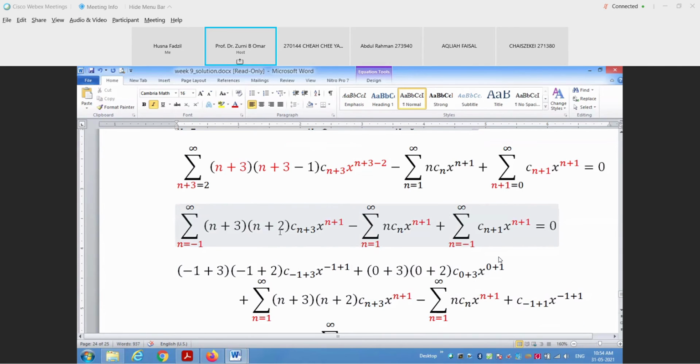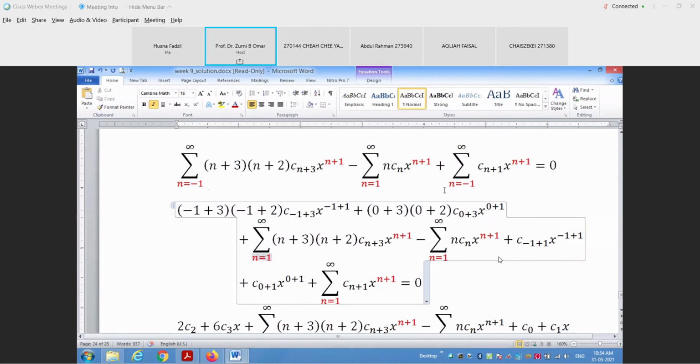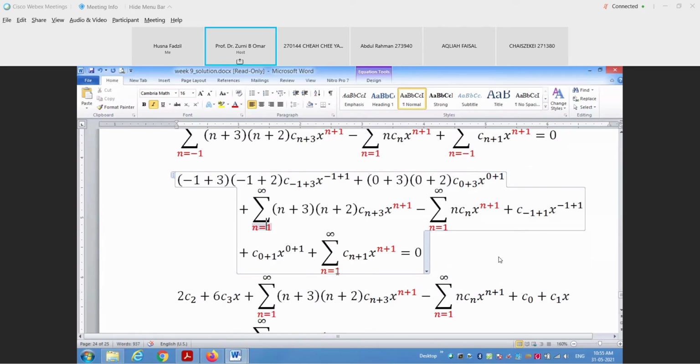You have to change the index to make them the same, and then substitute. Here n is minus 1 and 0, and now the index becomes 1. The same you do for the third summation: replace the n with minus 1 and 0, and from now on the index will be 1.